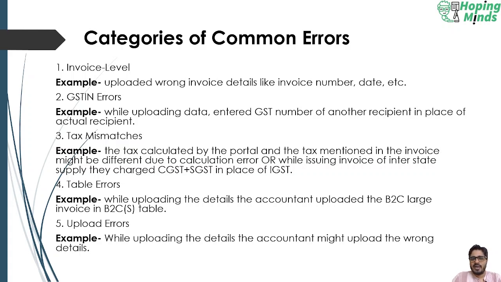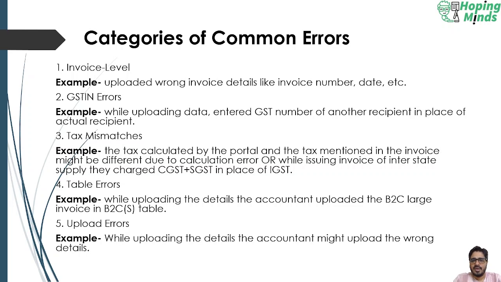Such errors will impact the ITC of the buyer and the system will reject the invoice during upload. Again, this level of errors can be rectified in the subsequent period GSTR-1 return by using the amendment table. So the GSTIN of the recipient must be cross-checked from the recipient's GST registration certificate before uploading to the GST site.